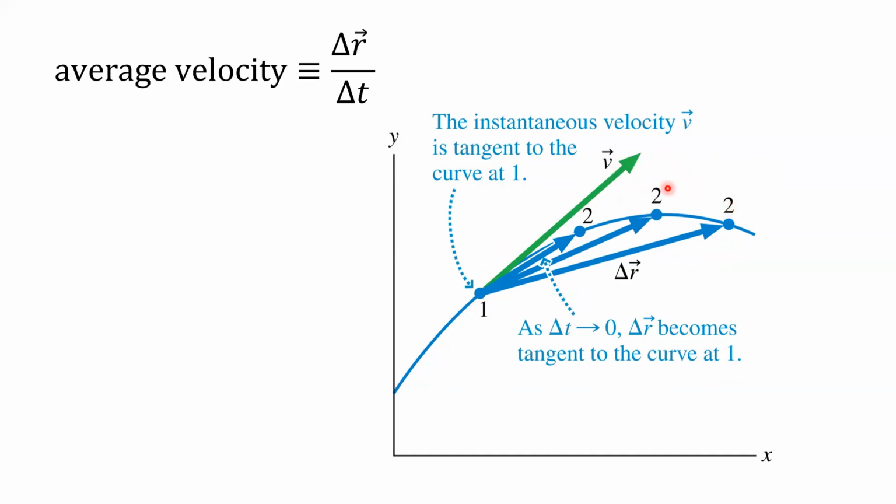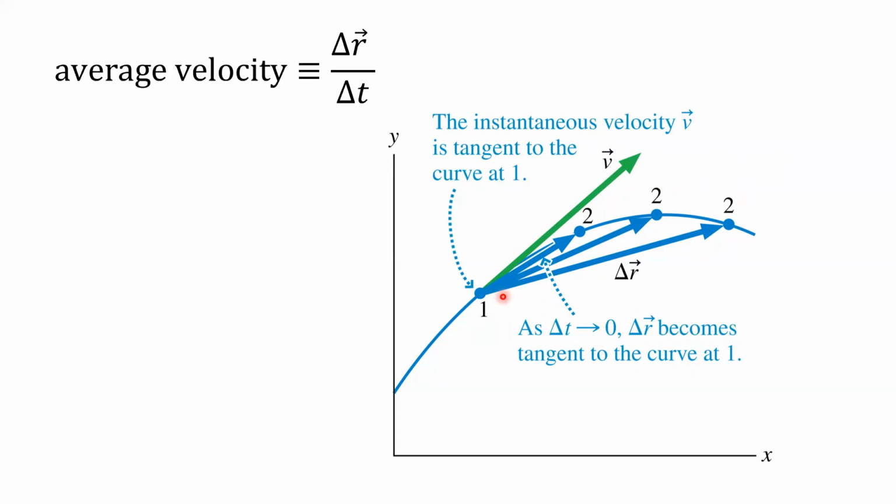And then they changed it to 10.5 seconds, and then 10.25 seconds. So they're making delta t go to 0. It might be clearer if they had used a different number here, but they're evaluating the displacement vector for smaller and smaller time intervals. And do you notice how the delta r's are getting shorter and shorter?